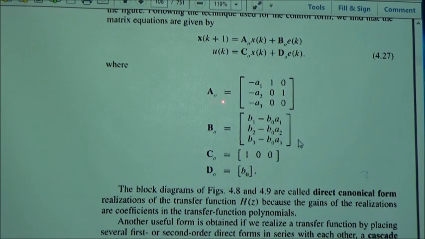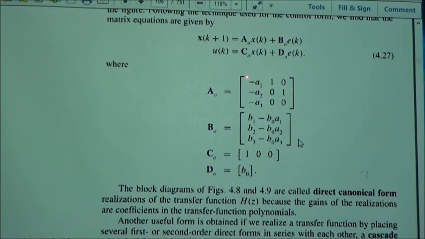And the A matrix of the observable canonical form is equal to the transpose of the A matrix of the controllable canonical form. And D is going to be the same in both cases.